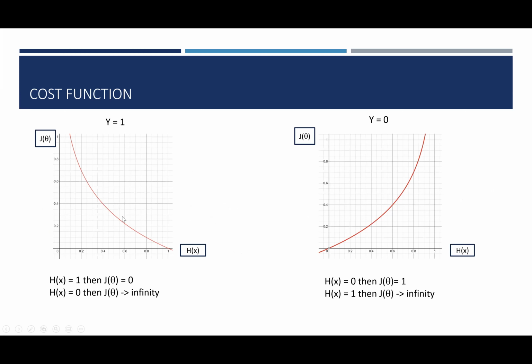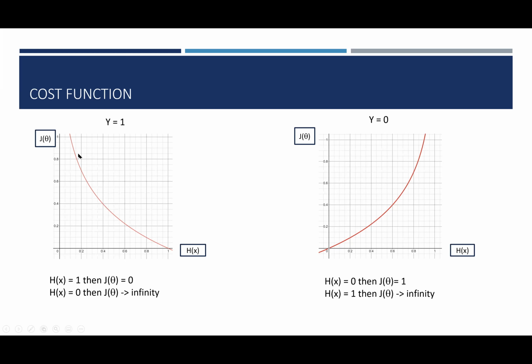And what this means is that when the actual value of your example is 1, then depending on what your hypothesis h of x predicts, that's what the output of the cost function is. So for example, if your hypothesis function predicts that the example is 1, like the actual value, like the probability is 1, then there's 0 cost because it lines up with what the actual value is.